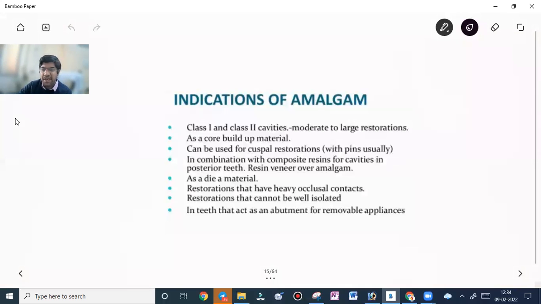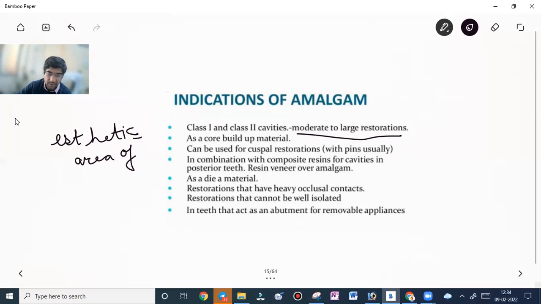Now let us discuss the indications of amalgam. Where do we use amalgam? We generally use amalgam in class 1 and class 2 cavities, that is, cavities that need moderate to large restorations. We give these restorations in areas that are not highly aesthetic areas of the mouth.